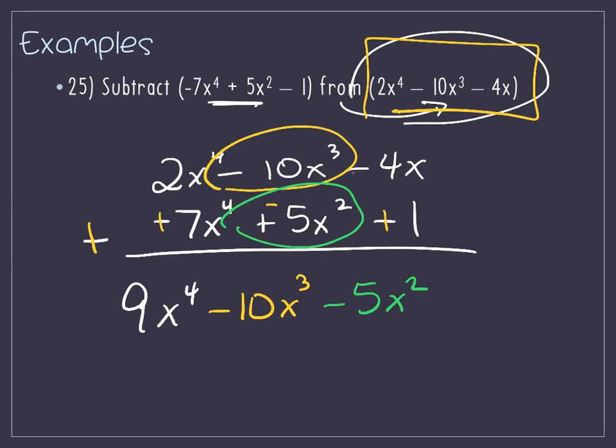Nothing to combine with the negative 4x. But I do have a like term, no I don't, just a plus 1. So the only thing that was like was the x to the fourth. So by doing that keep, flip, change, it makes sure that I get the correct signs on what I'm subtracting.